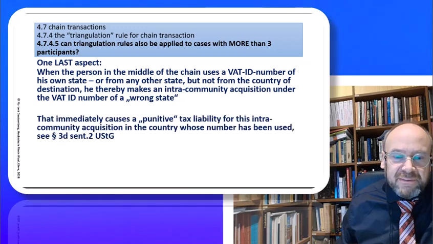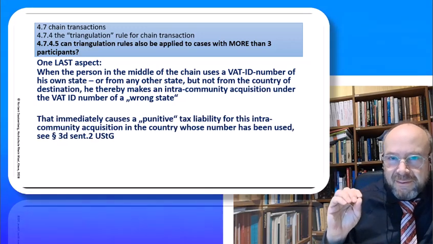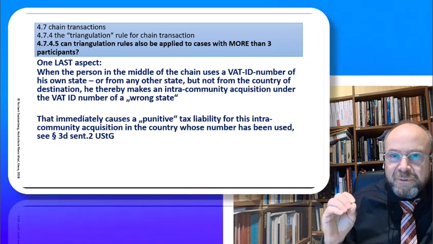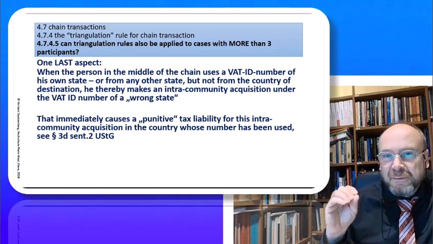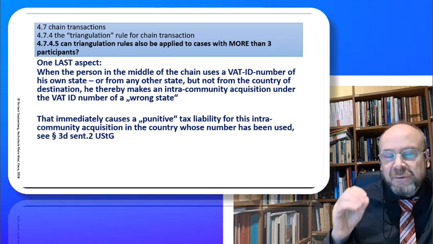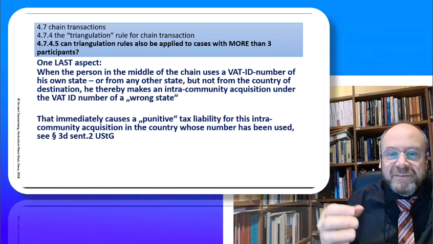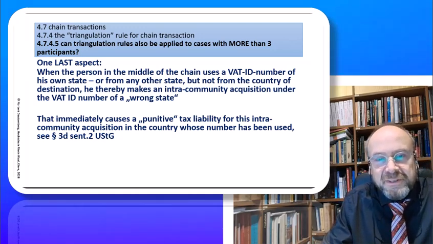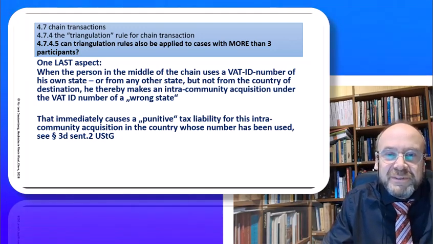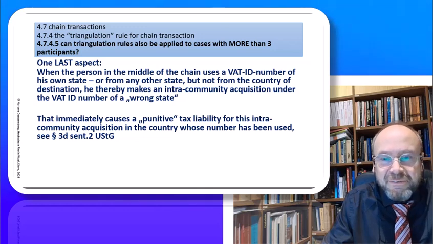Now, you might remember that making an intra-community acquisition under the number of the wrong state triggers an additional punitive intra-community acquisition tax in the country of the number.